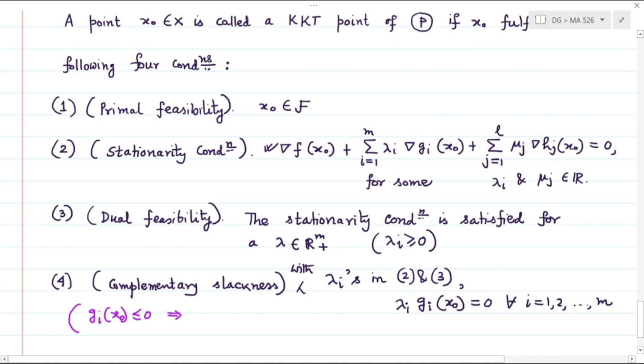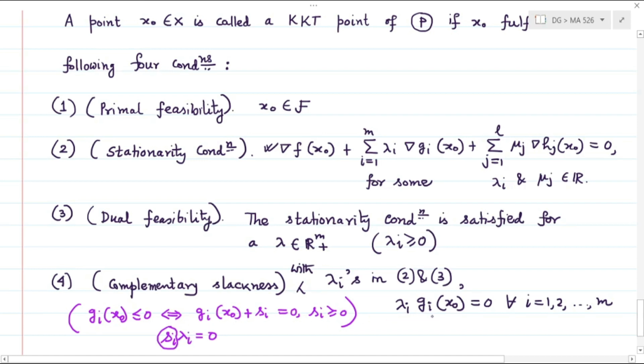Now this is equivalent to, by adding a slack variable, you can write it as an equality: gi(x0) + si = 0, where si is greater than or equal to 0. And therefore, lambda i gi(x0) equal to 0 is nothing but si times lambda i equal to 0, because si is the negative of gi(x0).